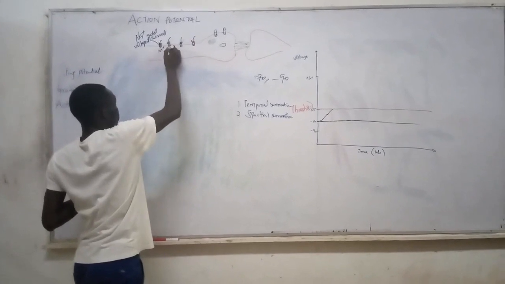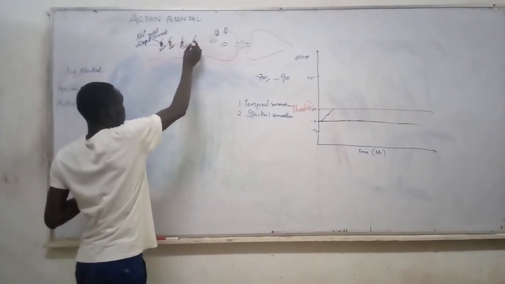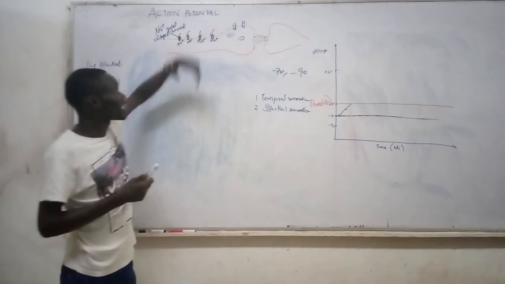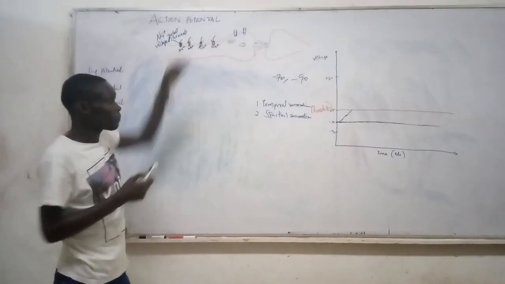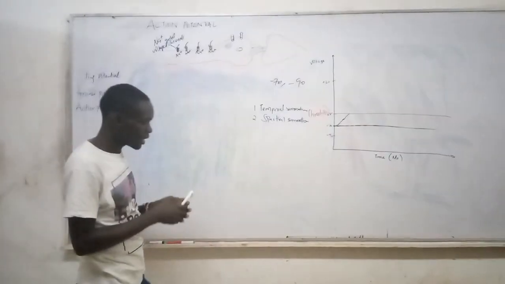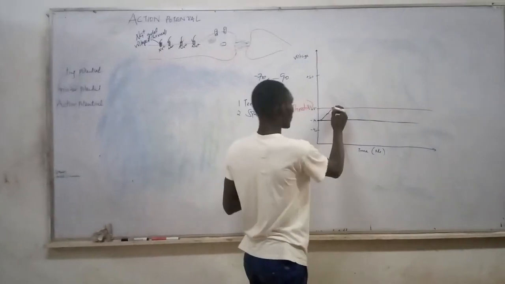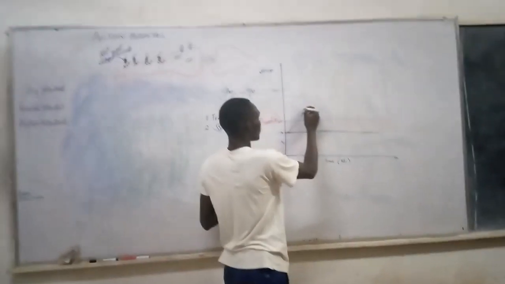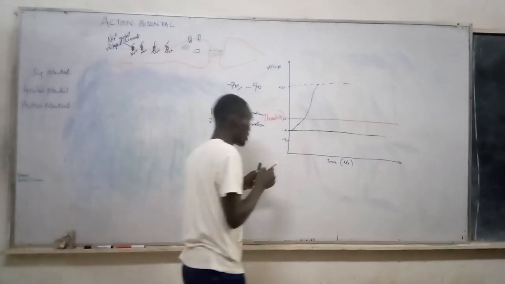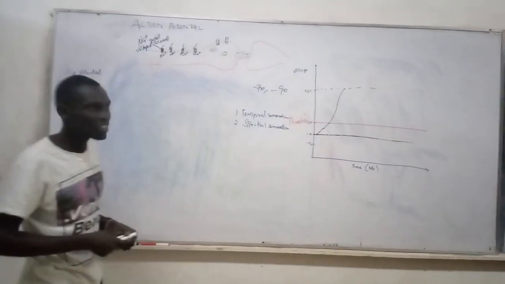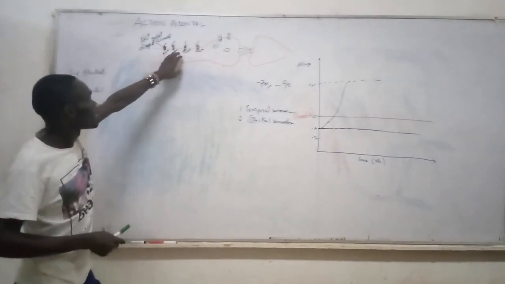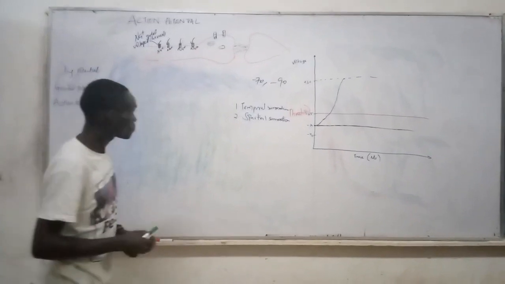Because more positive charges are coming into the membrane, the charge now goes up to positive 30. Remember, it is because of sodium ions leaking inside the membrane.